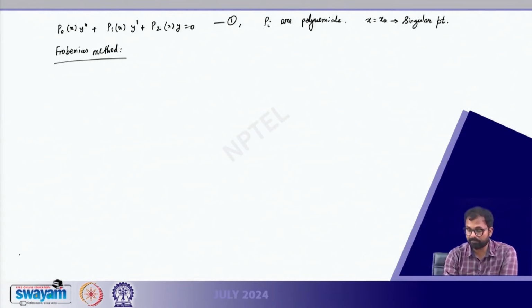So, what does this say? We will start with the same equation and we will multiply by x square on both sides. Since it is a second order equation, we want to multiply by x square. So, this will become x square P0 x y double dash plus x square P1 x y dash plus x square P2 x into y equals to 0.